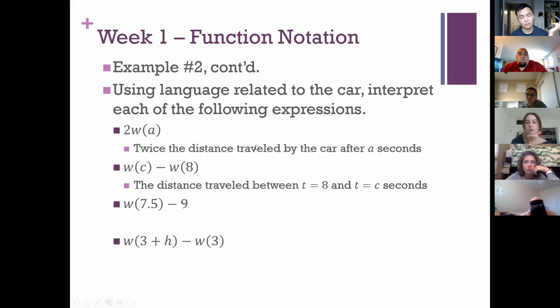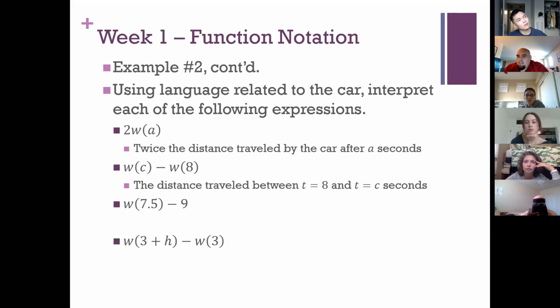So just to recap, what makes a function is this. For every one input, so we'll think about this as x and y because that's what we're used to, for every one x value, you can have at most one y value. At most. You usually hear about the vertical line test.